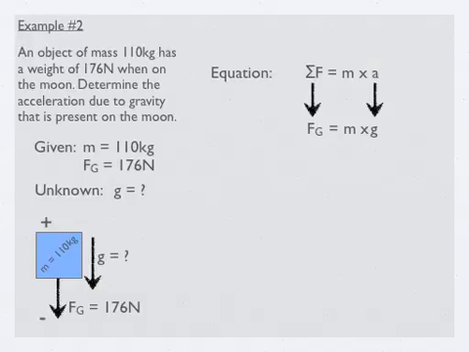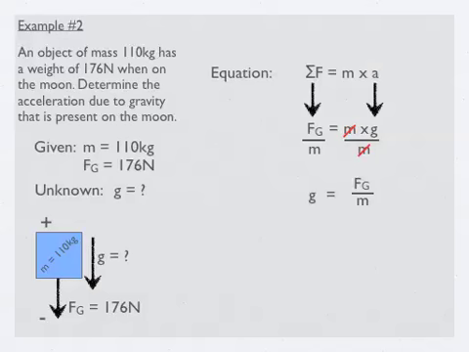From here, now we can begin to manipulate our equation because we're trying to solve for little g. So we need to get that by itself first and then plug everything in. To do that, we're going to divide on both sides by m, and that'll cancel out the m's on the right-hand side, and it'll leave us with an equation of little g is equal to Fg divided by m. At this point, we've isolated the variable that we're looking for, so now we can plug in what we know.